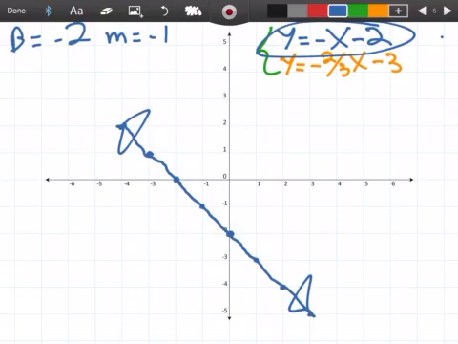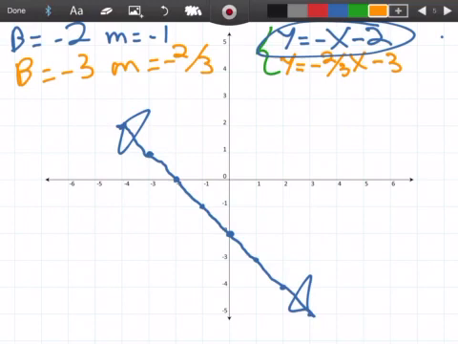And then for the other line, y equals negative 2/3 x minus 3, y-intercept of negative 3, slope of negative 2/3. Don't let that throw you off just because it's a fraction. So we can map out negative 3. And in this case, we can use our run of 3. So hop over 1, 2, 3 units.